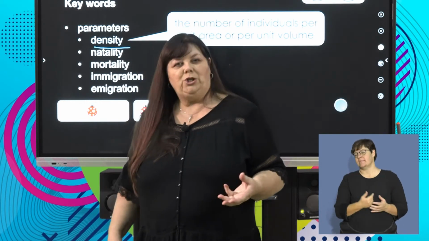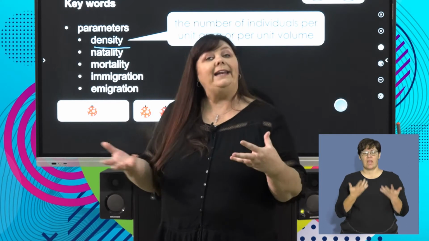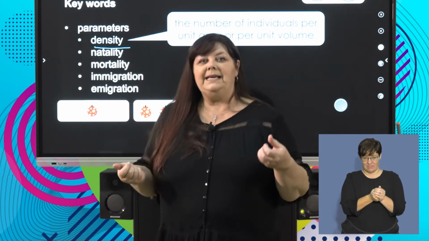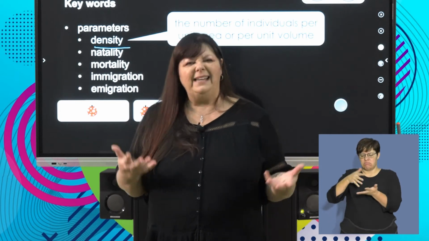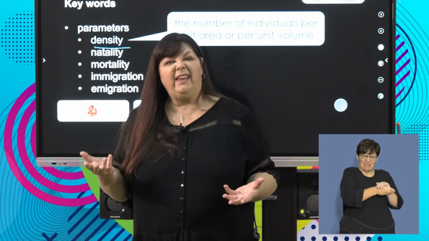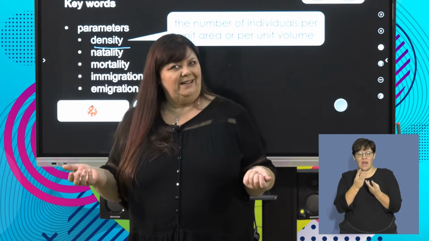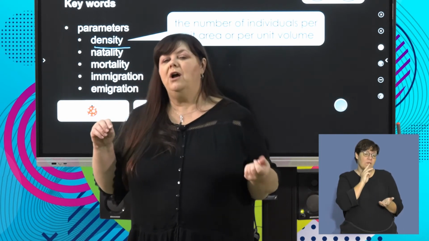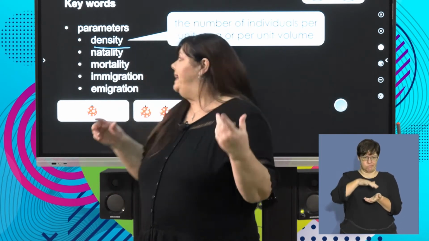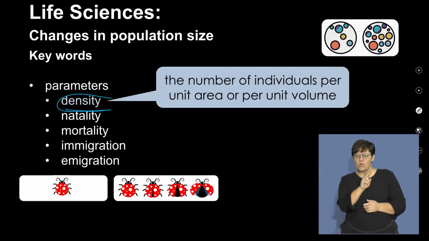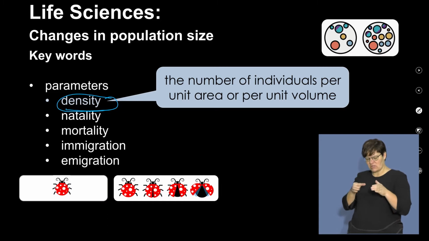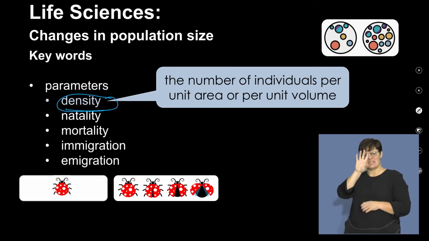If I talk to you about hand cream being denser than water, you get the idea that hand cream is thicker than water. Hand cream will float on water. Let's now look at what we mean about density in terms of populations.